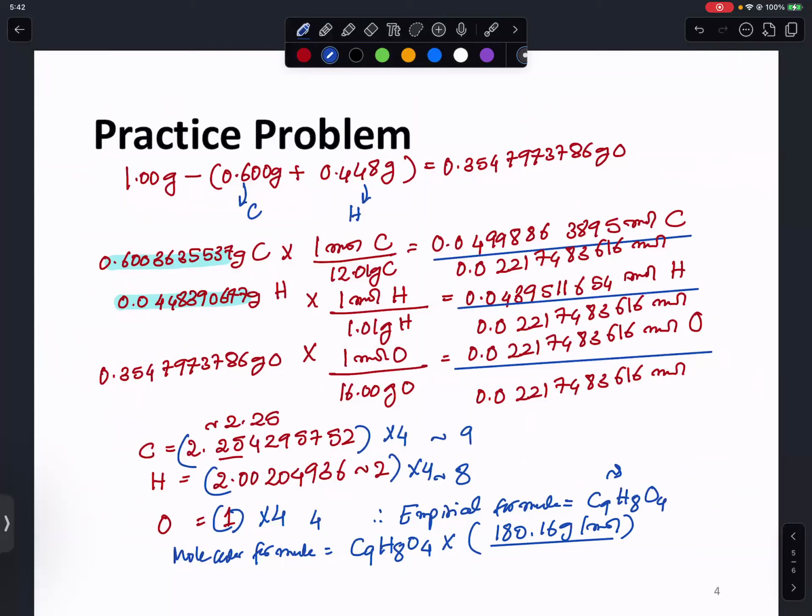I'm calculating it with you, so the molar mass of the empirical is 180.17 grams per mole. Therefore, the N here is almost 1, and the molecular formula becomes the same as the empirical formula. I hope this was helpful, and bye.